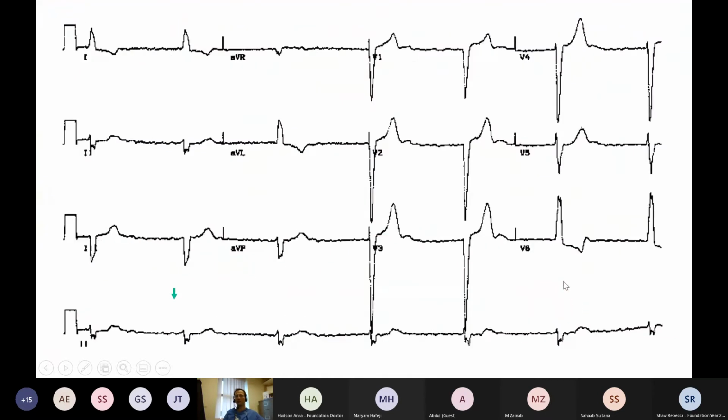So what about this ECG? Can everybody see? There's a nice little P wave here. Can you work me out what's going on with this ECG with the help of a P wave spotted?